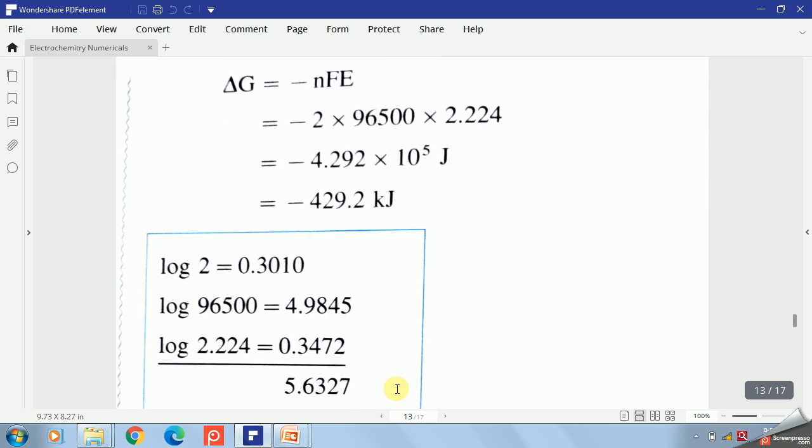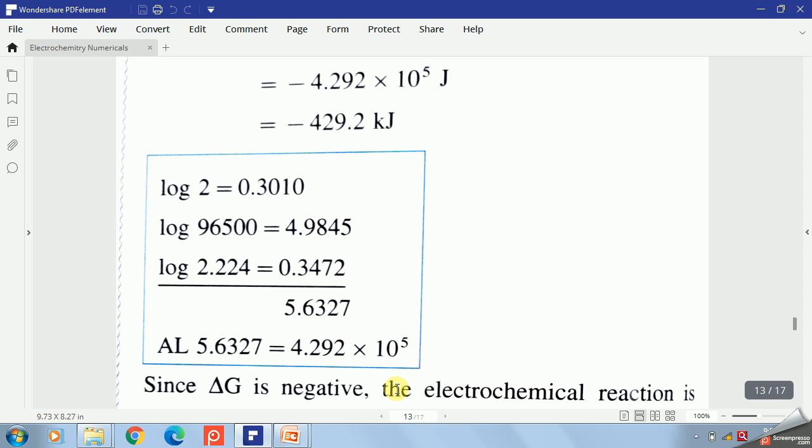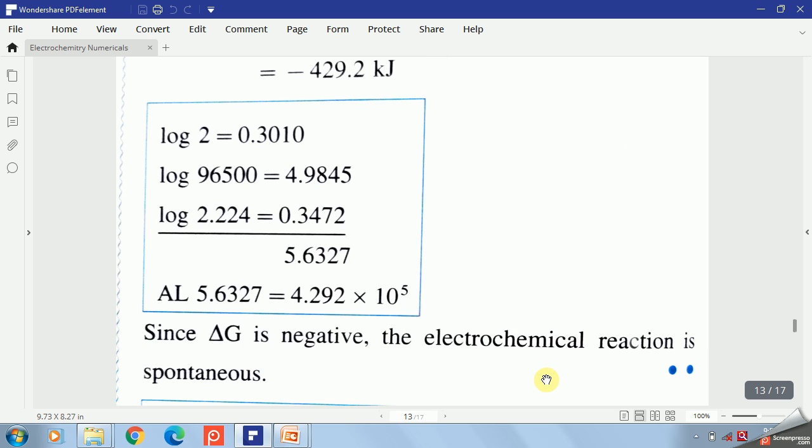The logarithm is given in this way; you have to write the log on one side of your answer sheet. Remember this hint: since your delta G is negative, therefore the electrochemical cell is spontaneous. You write this as your answer.